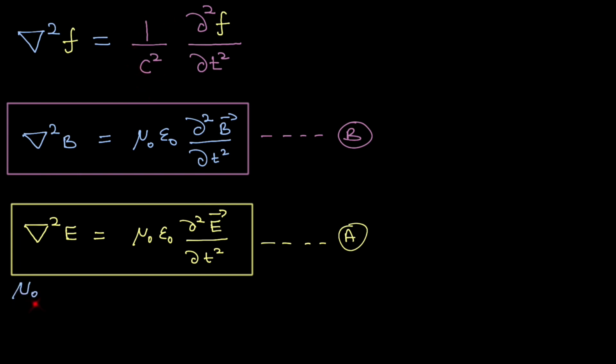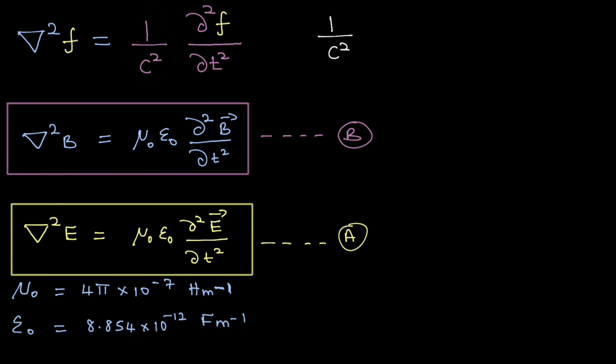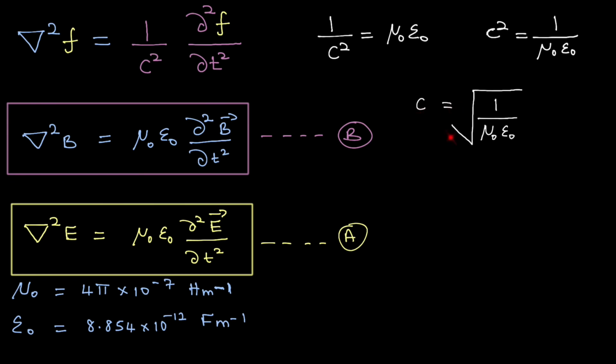We know the value for mu-naught, 4 pi times 10 to the power minus 7 henries per meter, and for the epsilon-naught, 8.854 times 10 to the power minus 12 farad per meter. 1 over c squared corresponds to mu-naught epsilon-naught. c squared equals 1 over mu-naught epsilon-naught. If we square root both sides, we get c equals root of 1 over mu-naught epsilon-naught.